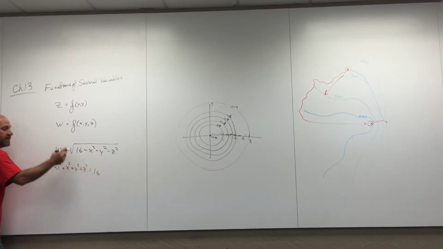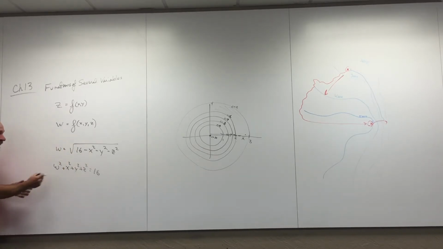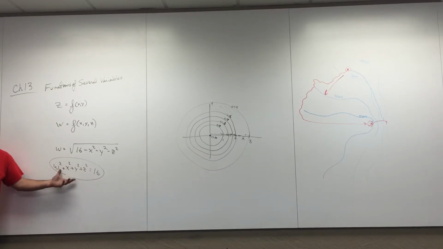Did you follow that? That was two steps. I squared both sides and moved everybody over, and I got a four-dimensional sphere of radius 4. But I can't draw a four-dimensional sphere.